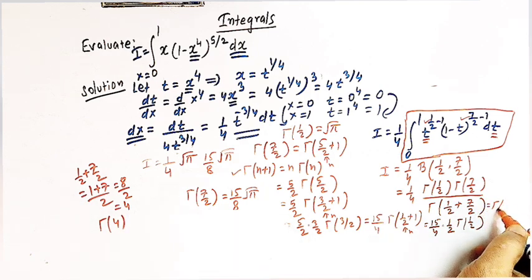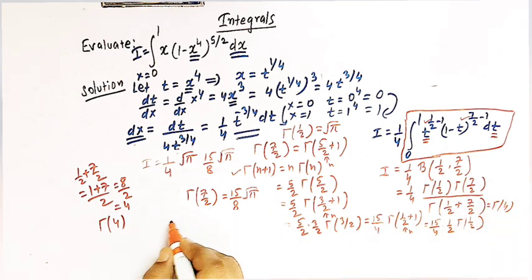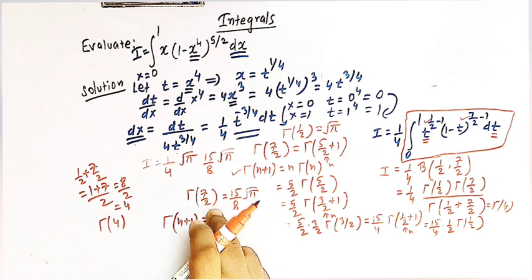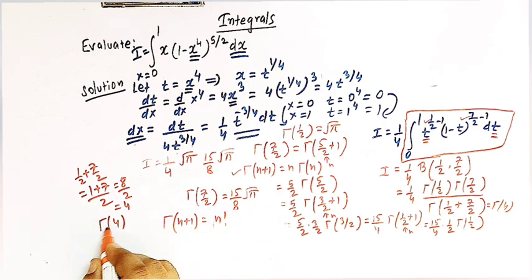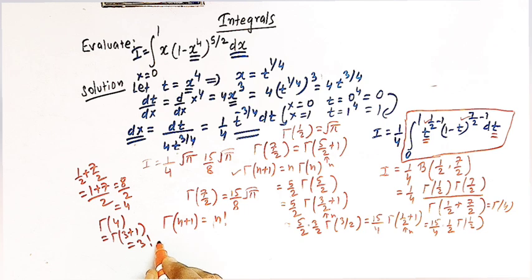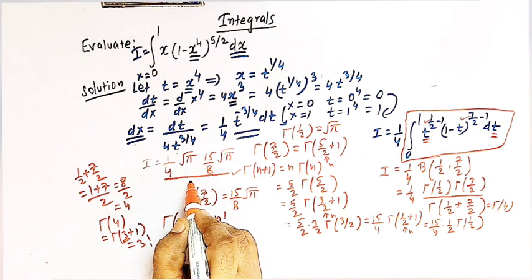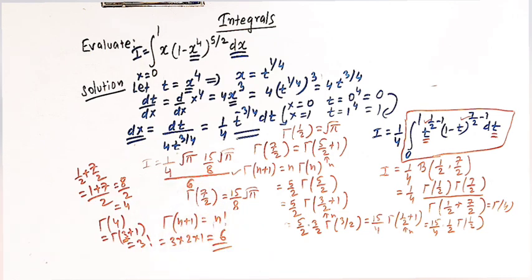Now using this result, that is gamma of n plus 1 is equal to n factorial, gamma of 4 can be written as gamma of 3 plus 1, that is 3 factorial. So 3 factorial is 3 times 2 times 1, that is 6, right? So here n is equal to 3. So in the denominator we have 6.